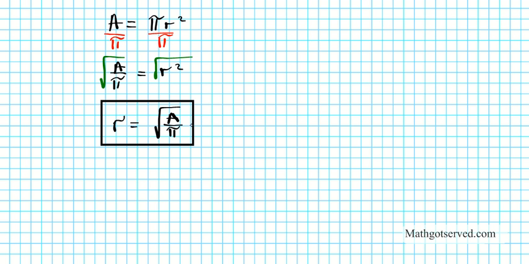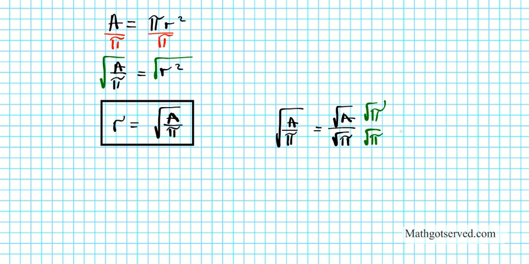So if I wanted to simplify this further, the square root of a over pi, I'll break up the square root into square root of a divided by square root of pi. Then I'll rationalize the denominator by multiplying by square root of pi top and bottom.